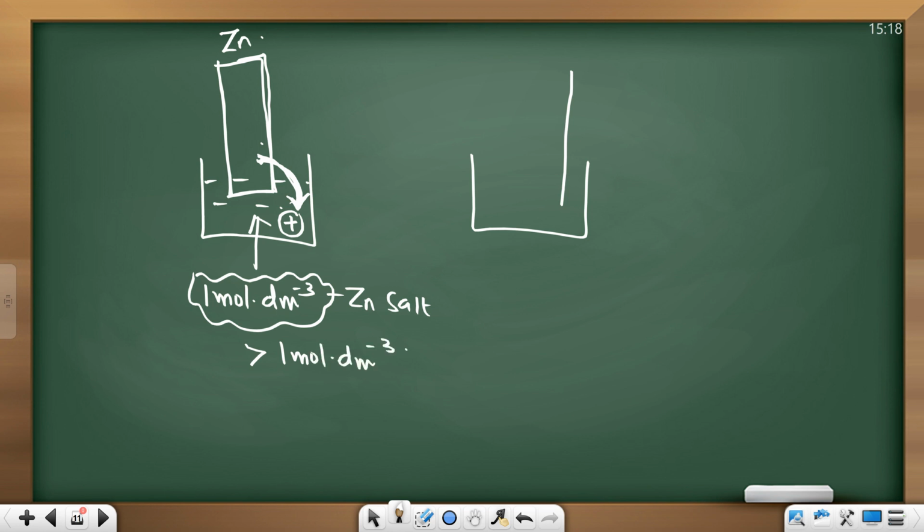And if that is the case, the E cell value will also what? Increase. I hope that makes sense. The larger the surface area of the plate, the higher the E value of the whole cell, because the rate of oxidation will increase. I hope that makes sense. Therefore, the concentration of the electrolyte will also change.